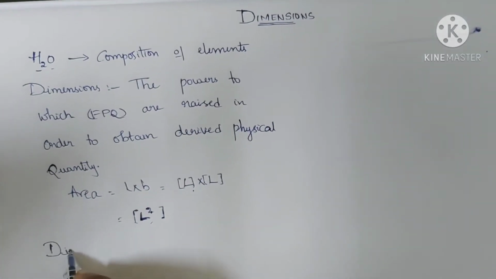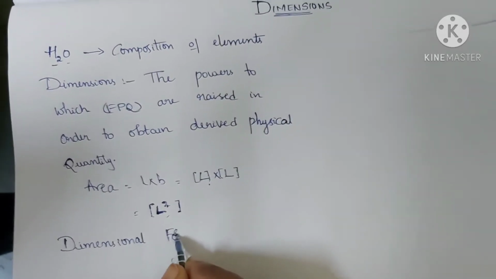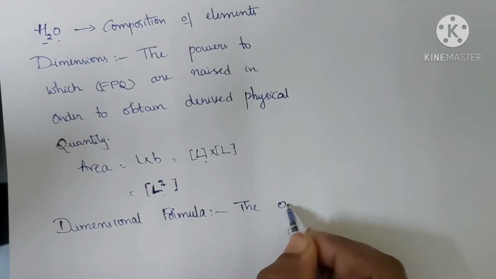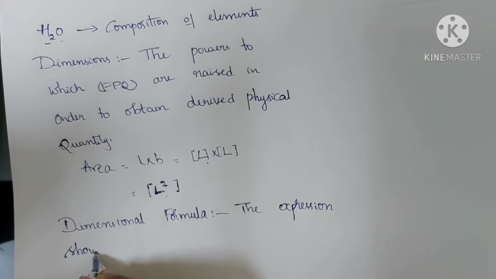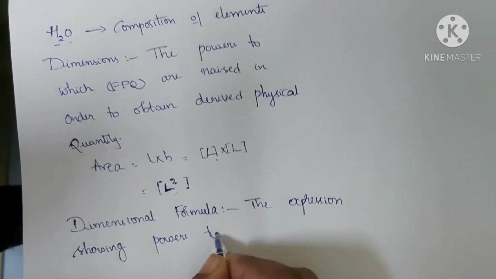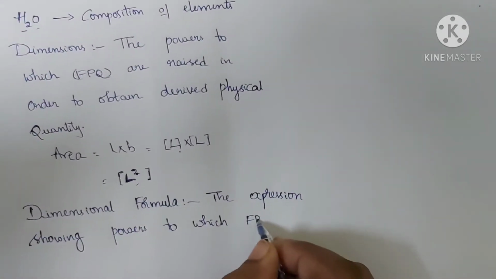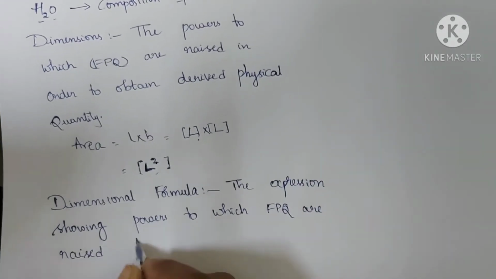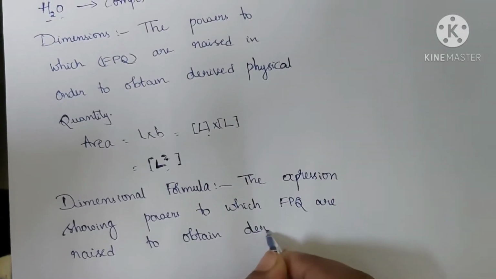Then what is the dimensional formula? The dimensional formula is the expression showing the powers to which base quantities or fundamental physical quantities are raised to obtain derived physical quantities.